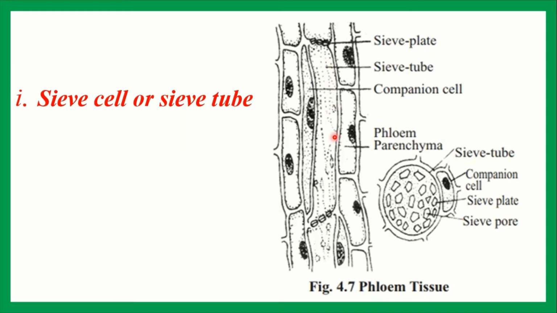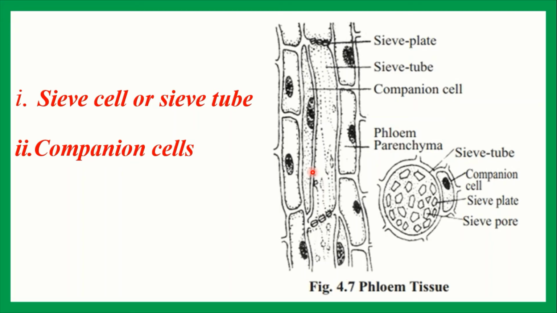Okay, then the second one is companion cell. A thin-walled elongated living cell associated with sieve tube is called companion cell. It has a large nucleus and dense cytoplasm. Everybody see this figure. This one is a companion cell. This one is a nucleus, large nucleus, and dense cytoplasm. It maintains connection with the sieve tube through a thin wall.